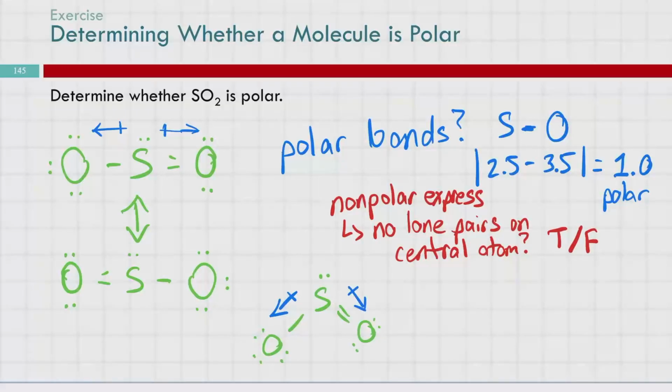True or false? It is false, so it fails. Right, we do have a lone pair on the central atom, so it fails, so it's polar. We could also reason through with the arrow method.